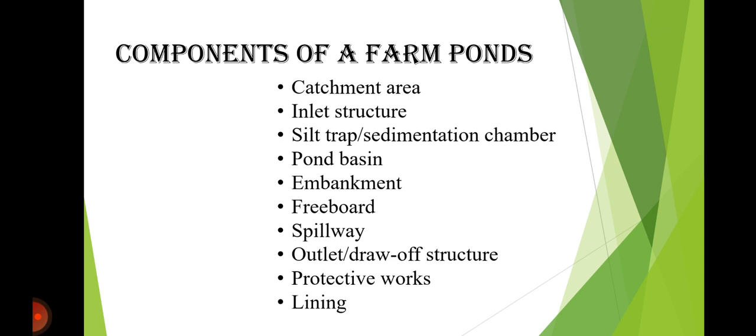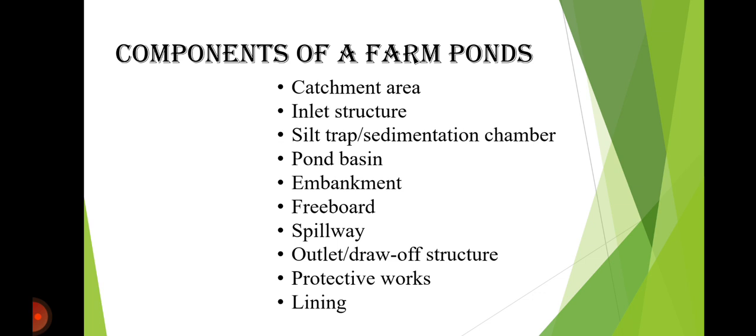So these components work together to ensure the efficient water harvesting, safe storage and effective utilization of water in agricultural operations. So these are some of the points for the components of farm ponds.